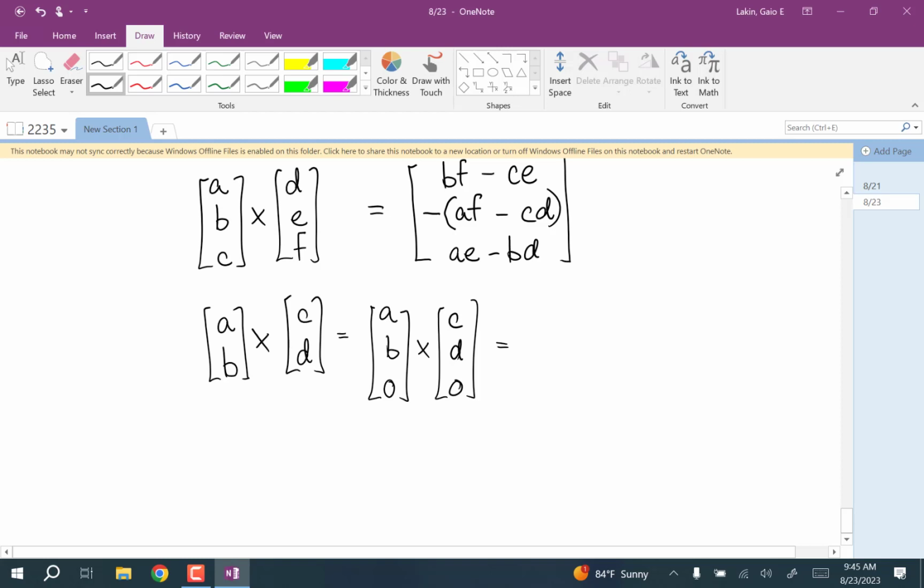So use this same procedure here. Cross out the x components. B times 0 minus 0 times d. So the x component is 0. Okay. The y component, cross out the y components. A times 0 minus 0 times c. So the y component is 0. Okay. And then the z component is ad minus bc.